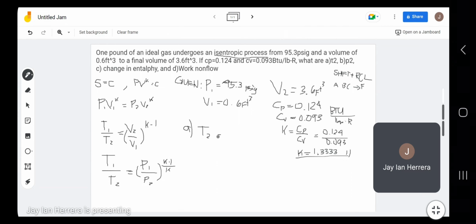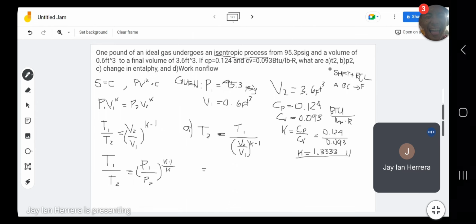We can solve the volume ratio first, and then we can simply divide it by our T1. We just swapped them, so we cross multiply to the right-hand side. The whole right-hand side equation goes to the denominator. So, let's try to solve this first.